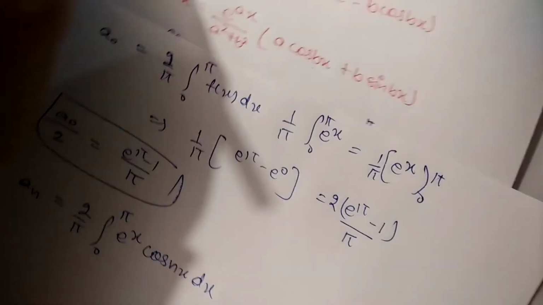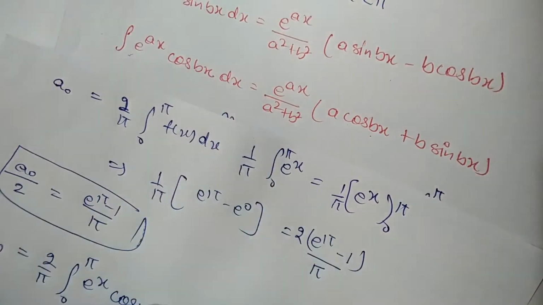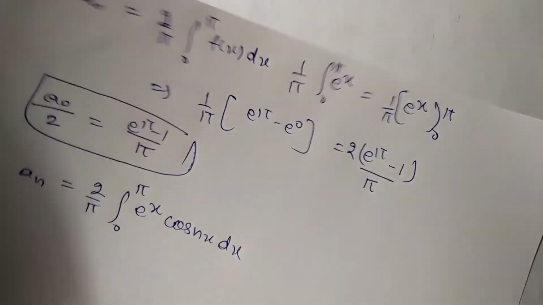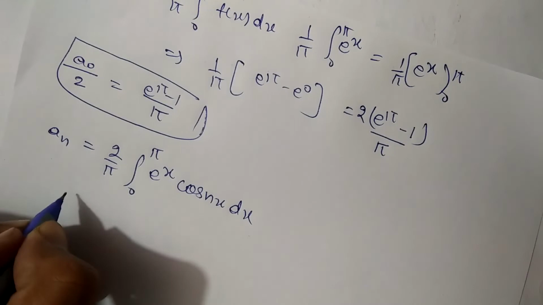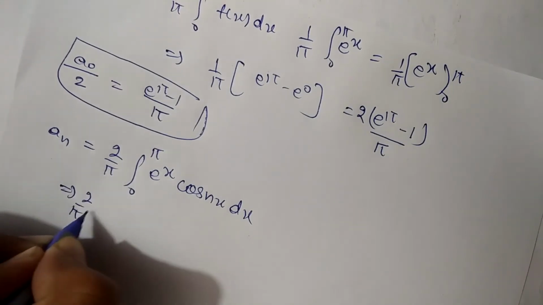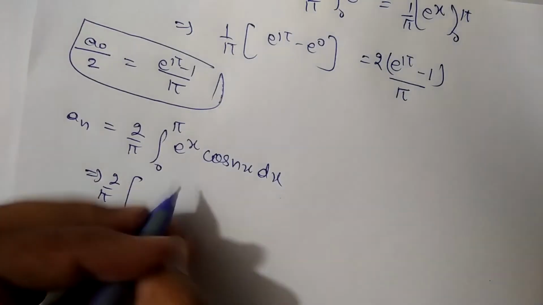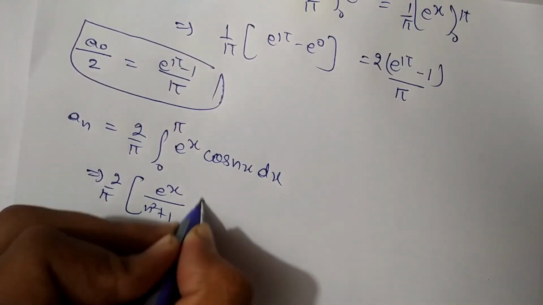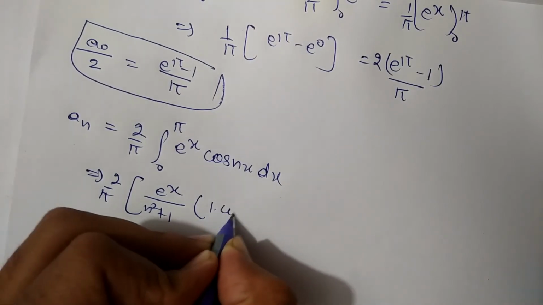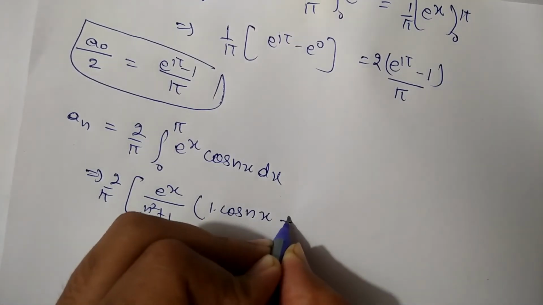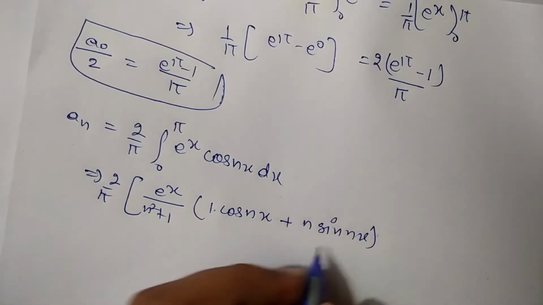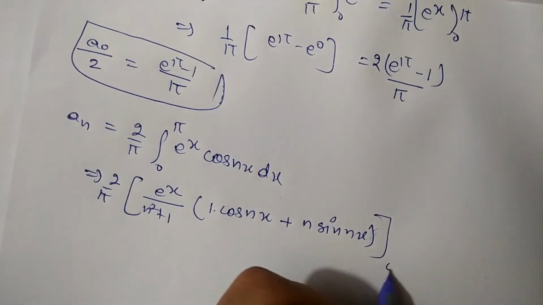Finally I will apply this formula and we will get its value. 2 by pi I will put outside, and inside e^x divided by (n square plus 1) into (a means 1, cos nx, plus b means n, sin nx), and putting the limits from 0 to pi.